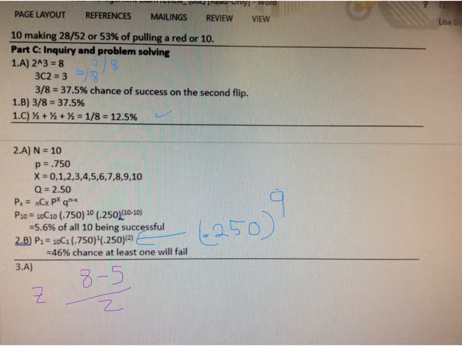That gives you a z-score, which then you're going to go to the z-chart, and you're going to look up in all of those numbers there, and that's going to give you the decimal equivalent rather than a percentage as the probability. And you can state the probability, it says for 3A is what percent, so you should take that probability number and multiply it by 100 to make it into a percent for your answer there.